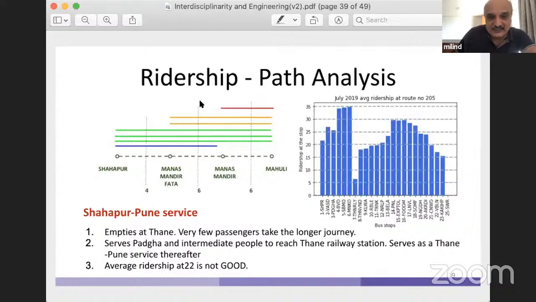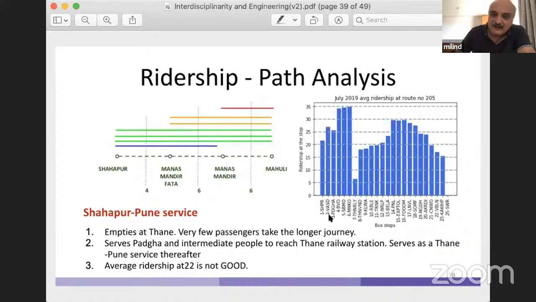For example, at this point there were 7 riders or 6 riders, at this point again 6, and at this point 4 riders, and so on. So given any trip, I can do the ridership analysis to understand what parts of the trip are profitable, and where there is a lot of ridership.